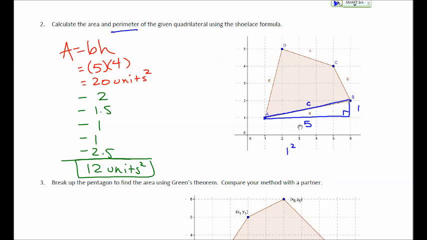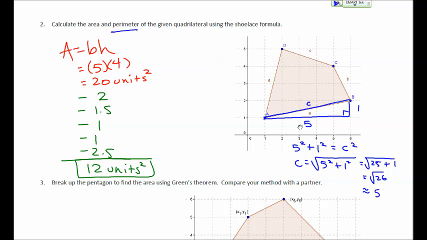5 squared plus 1 squared equals C squared, or C is equal to the square root of 5 squared plus 1 squared, which is the square root of 25 plus 1, which is the square root of 26, which I will find a decimal approximation, so it's easier at the end to find a decimal answer of the perimeter.